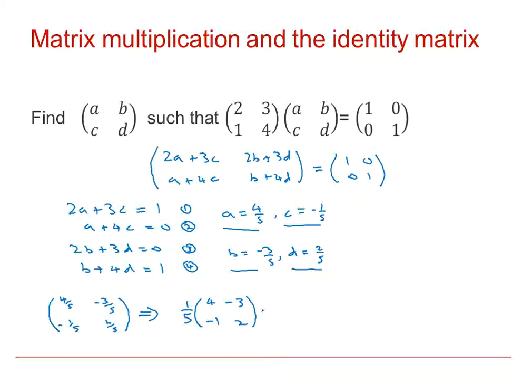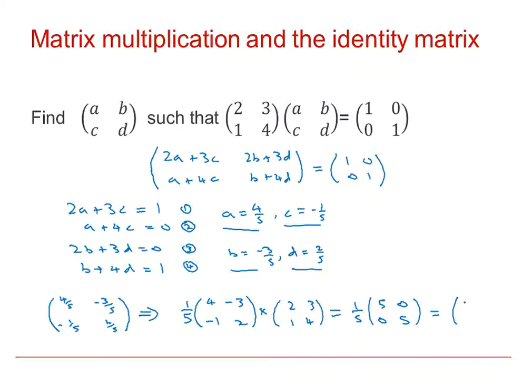But the other thing to notice is if we multiply it by the original matrix, 2, 3, 1, 4, we get a fifth of 8 take away 3, 12 take away 12, minus 2 plus 2, and minus 3 plus 8.